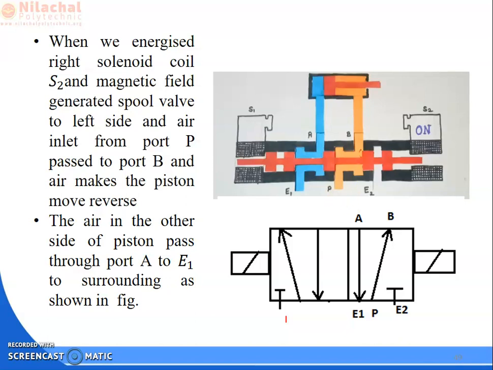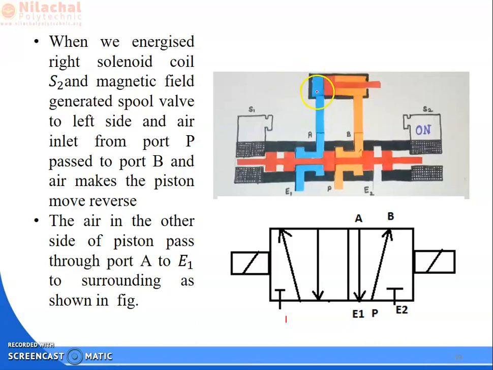Second position: when we energize the other solenoid, that is S2, what will happen? Then a magnetic field will be generated and the spool valve moves to the left side, and air from inlet port P passes to the B port, and the air makes the piston move in the reverse direction.